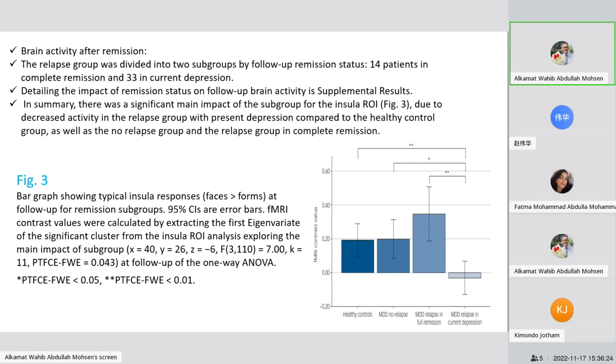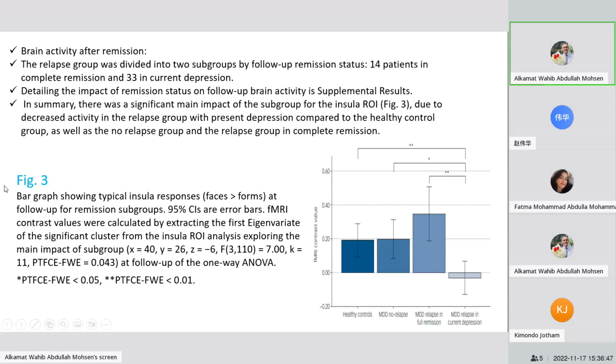The patient group was divided into two subsequent groups: 40 patients in remission and the current depression group. So the details of the impact and remission statistics of that activity.